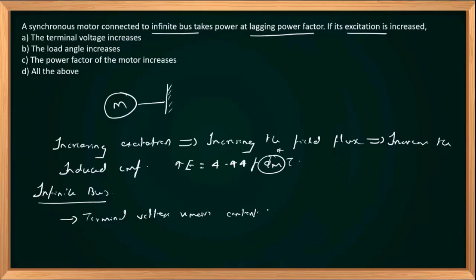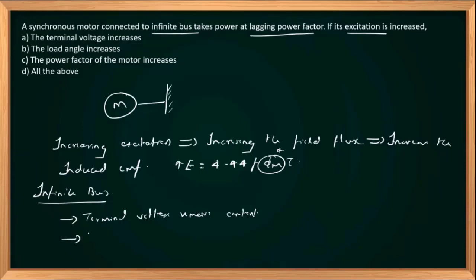Whatever we apply, however much we increase or decrease the load, even if you are applying a three-phase solid short circuit across an infinite bus, the terminal voltage should remain at the same value as the pre-fault condition. So in the grid, in the infinite bus, whatever we apply, the terminal voltage will be constant.